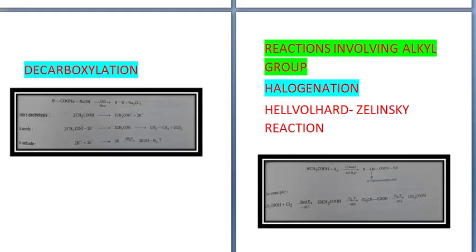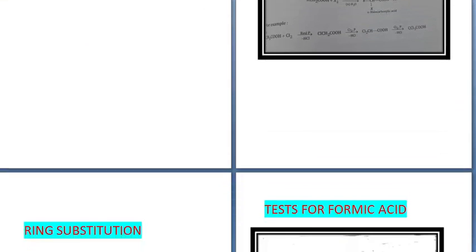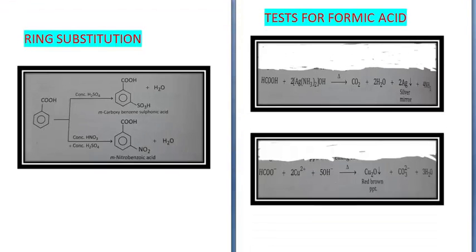Next property is ring substitution. Now in ring substitution, benzoic acid is treated with concentrated H2SO4. It gives you C6H5COOH with SO3H attached. COOH is already present on the first carbon, because wherever COOH is, that carbon will be labeled as 1.